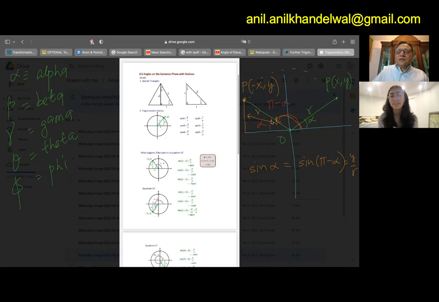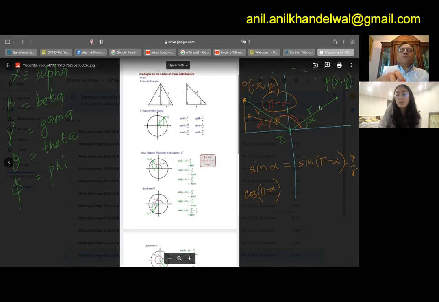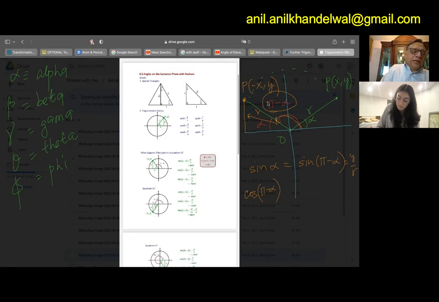Okay, I get it. So the arm, the arrow that we've created, what is that called? Is that a terminal arm? This is still a terminal arm, in its new position. So pi minus alpha is the angle. It is called the principal angle. All the time, when you measure a counterclockwise rotation from the positive x-axis, that is the principal angle.